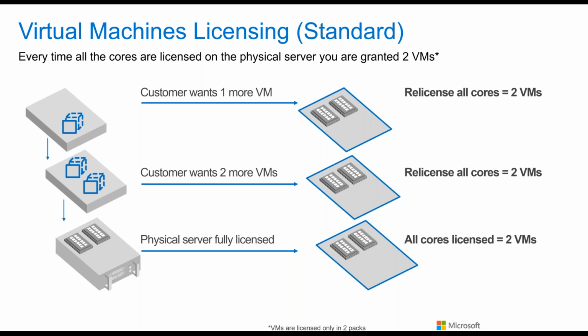So in the case where a customer needs to run 4 virtual machines, they would need 2 standard licenses, and they would therefore need to license all 24 cores twice with standard licensing. If they had purchased a data center license, the virtual machines would be unlimited, and they would not have to license more than 1 data center license to have more virtual machines.